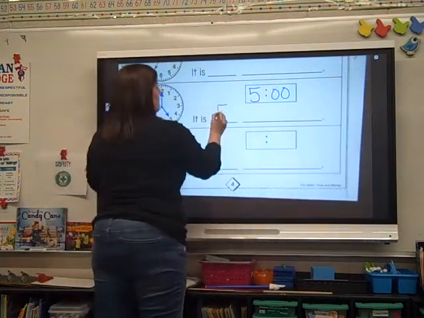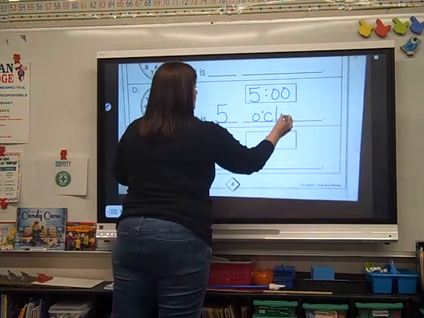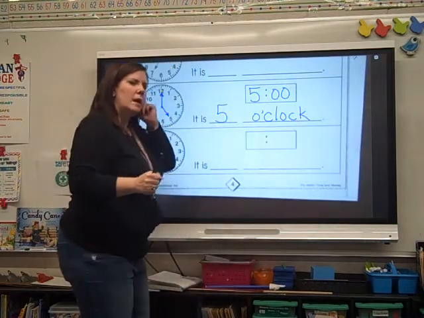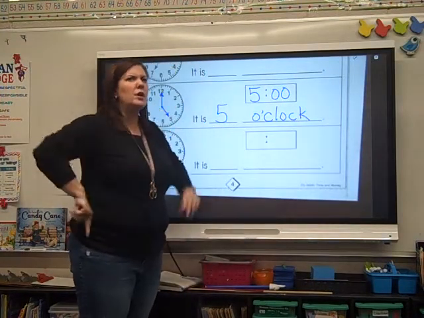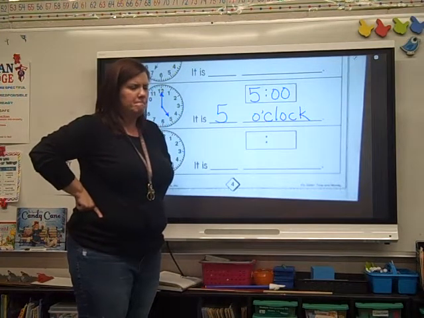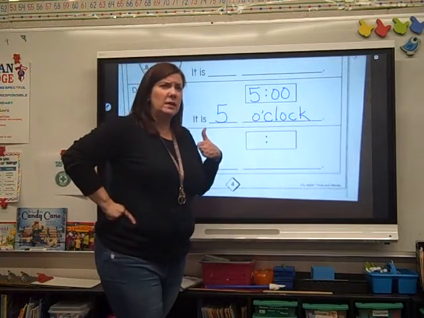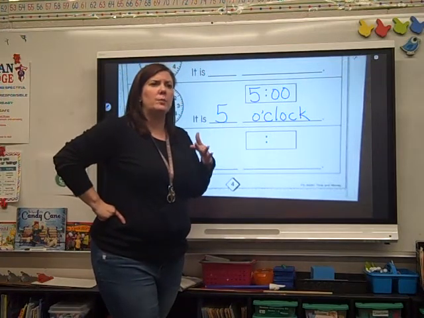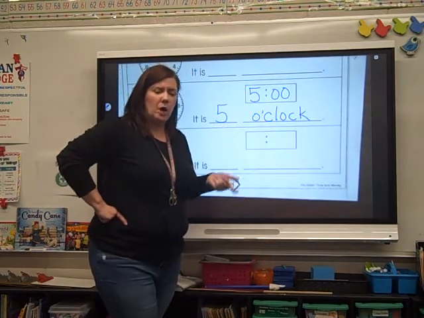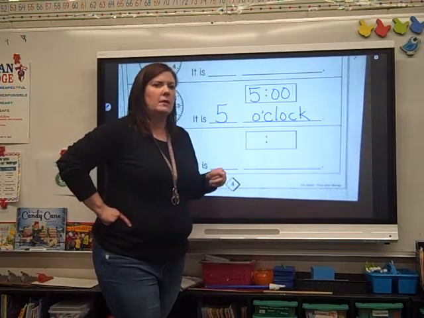Ready? 5 o'clock. All right. Now 5 o'clock in the morning, you're probably still in bed, okay? 5 o'clock in the evening, you're probably eating dinner, finishing up your homework, maybe watching some TV, okay?